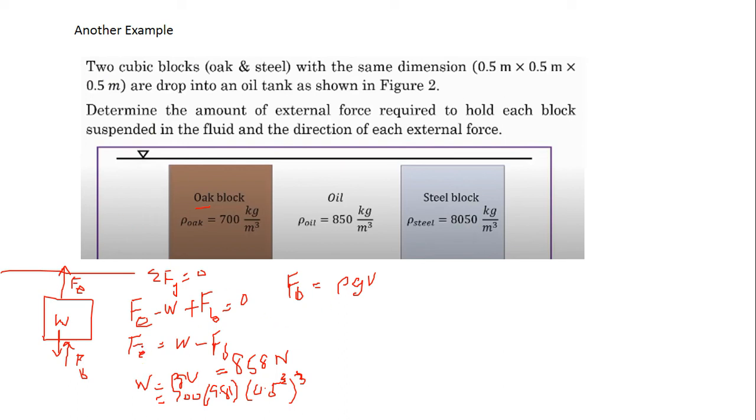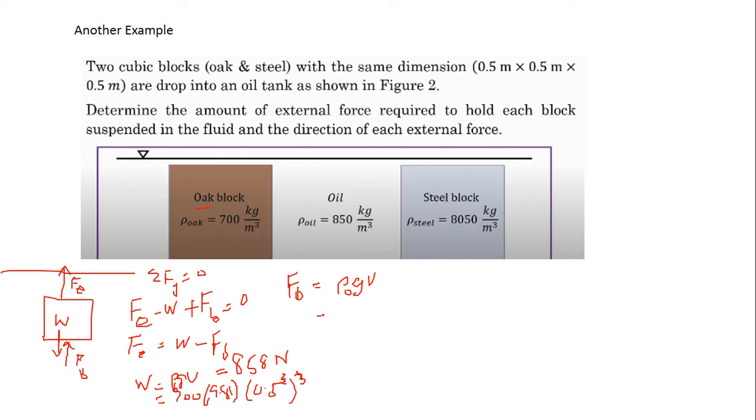That's why I think the best way when you write the formula like W equal to rho GV, it's better to label this rho, and this is rho for the block. So you write rho of the block, so that you're not confused and you don't make a mistake. So for FB, rho GV, I think better to label it rho oil, because it's in the oil.